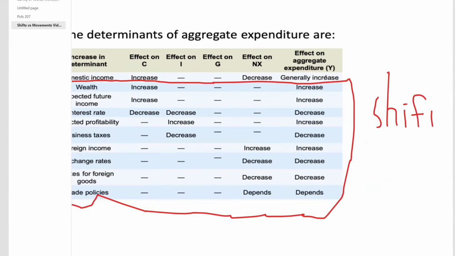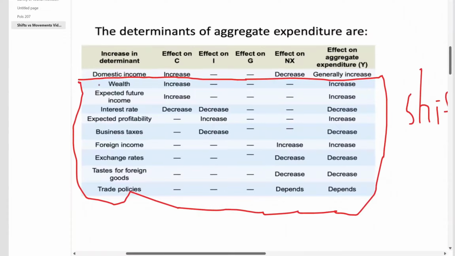So everything you see here causes a shift. Wealth, that's consumption. Increases in consumption will increase the curve, the PAE, so that'll be a shift. Expected future income would increase the curve and cause a shift. The reason it's not a movement is because it's your expected income, so it's in the future.